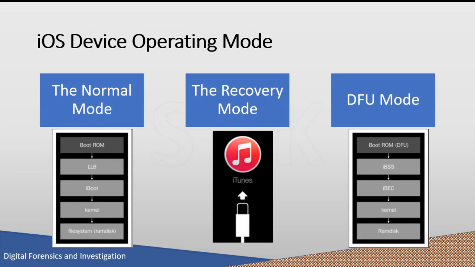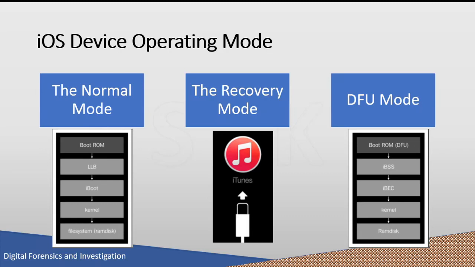To exit the recovery mode, simply reboot the iPhone device. This can be completed by holding the home and power button together until the Apple logo appears. Normally, the process of rebooting returns the iPhone from the recovery mode to the normal mode. The examiner may experience a situation where the iPhone constantly reboots into the recovery mode.